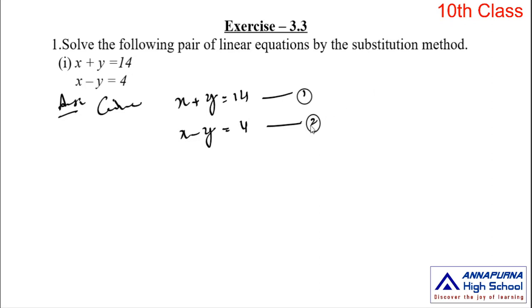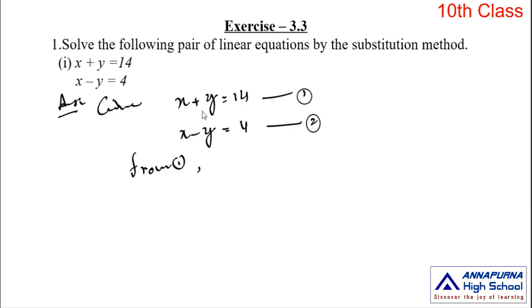From the given two equations, let us choose any one equation, and from that equation we can present one variable in terms of the other variable. Here I choose the first equation, that is x plus y is equal to 14. So from 1, I present x in terms of y.